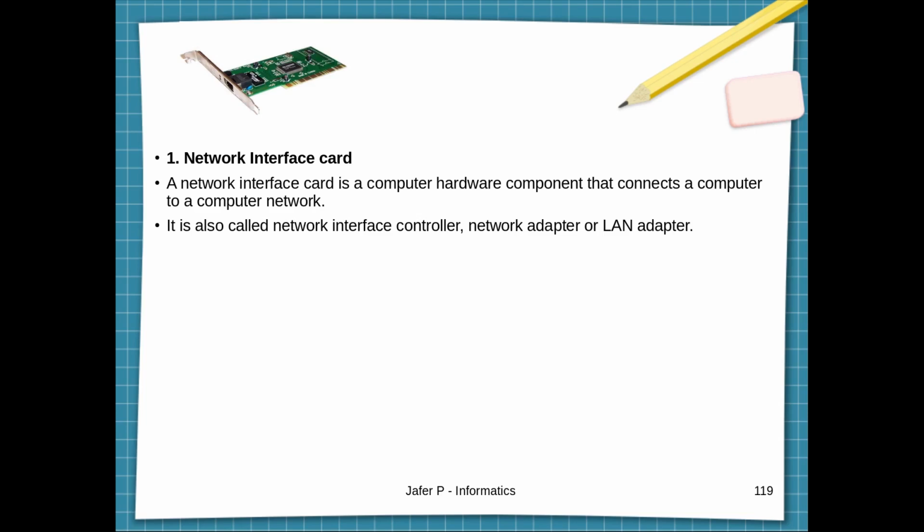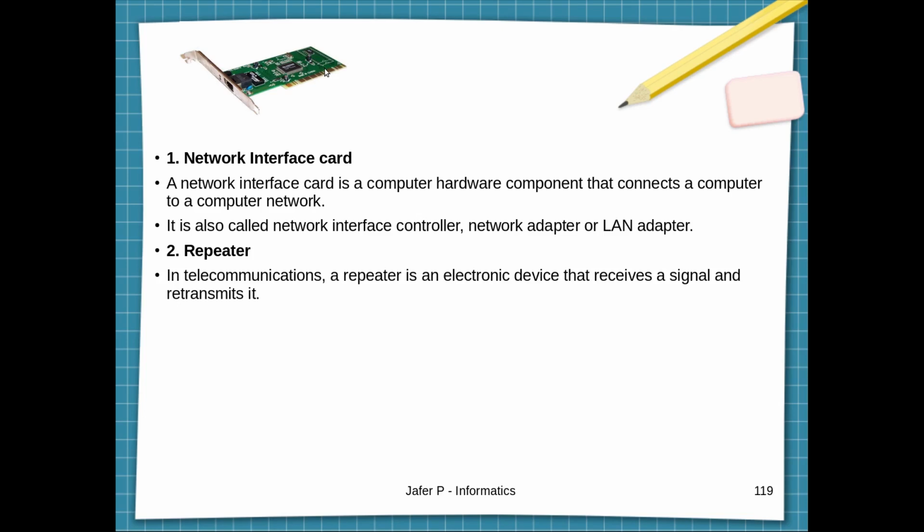Okay, you can see the slot over here. This is the place where you insert the cable, right? Then only you can connect with the computer system. So inside the CPU there is a portion to place this network interface card, and you can connect through cables.